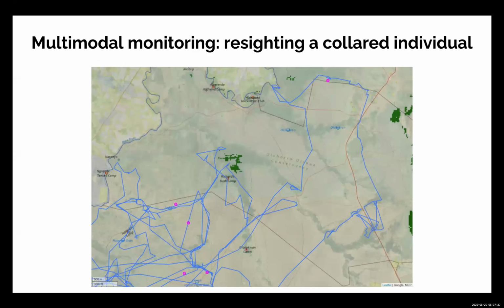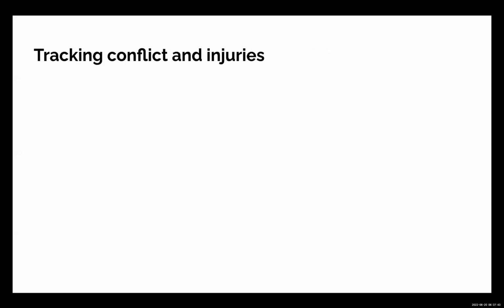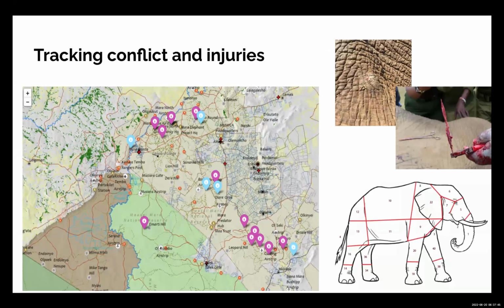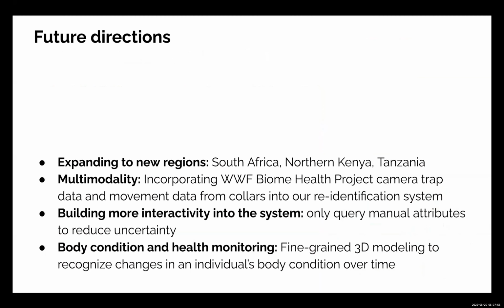They are starting to see multimodal monitoring. So these are sightings of an individual matched with the collar track of that individual. And for the first time, they've been able to start tracking conflict and injuries. So seeing how these injuries are changing over time, and where the locations of the most new injuries are happening.